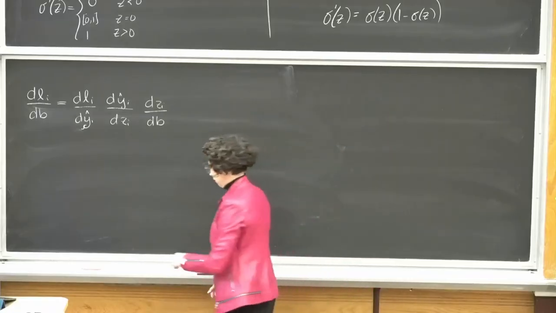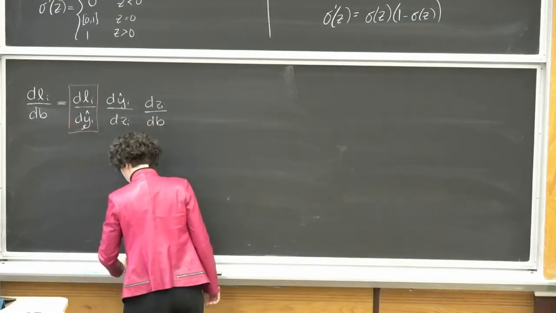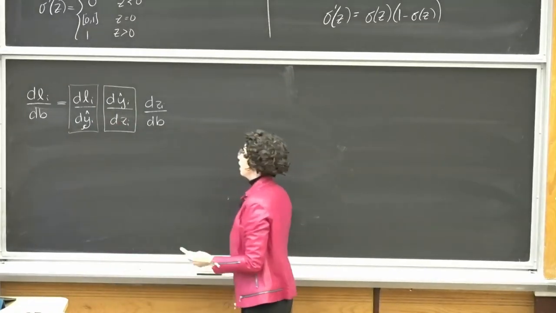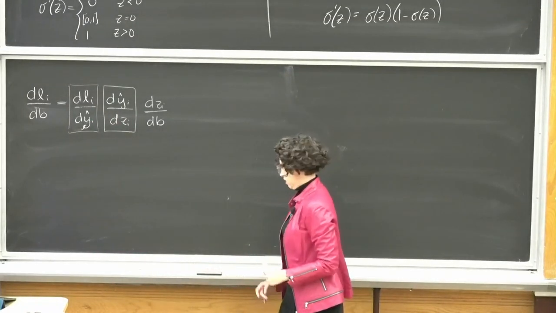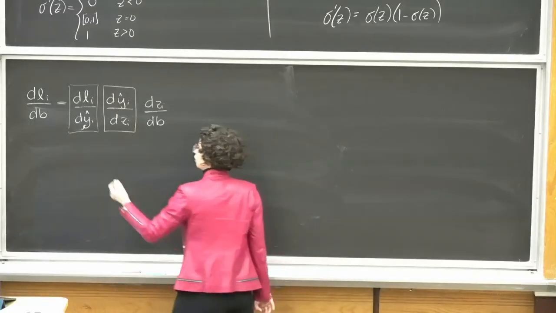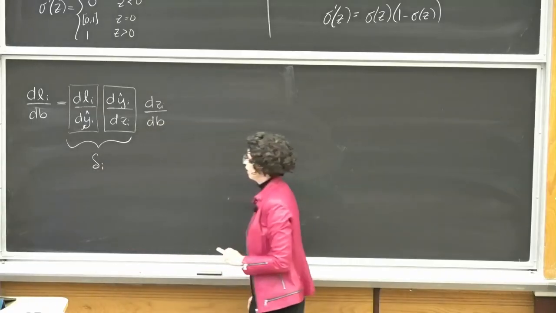And this should make you feel really happy because we've already done two thirds of the work. We know exactly what the derivative of Li with respect to yi hat is, and we know the derivative of yi hat with respect to zi. And in fact, we just gave this thing a name. We called this delta i.